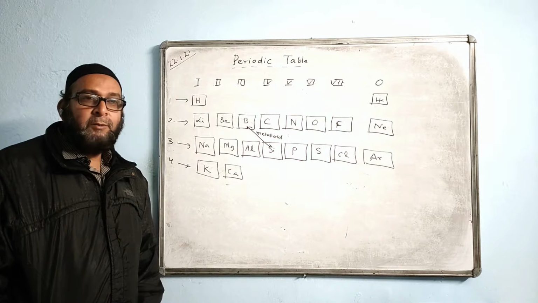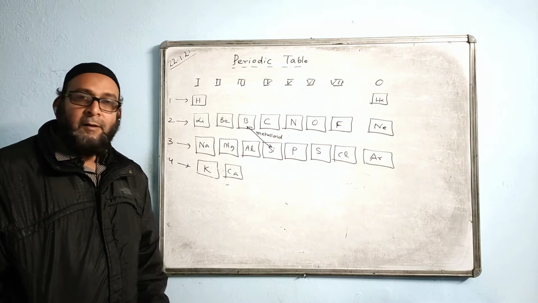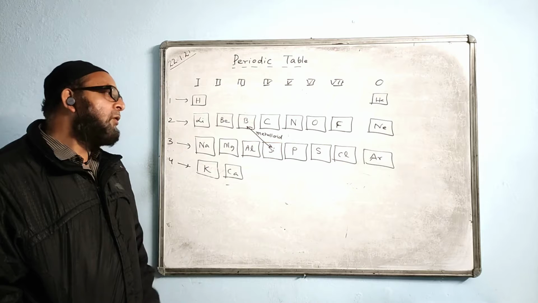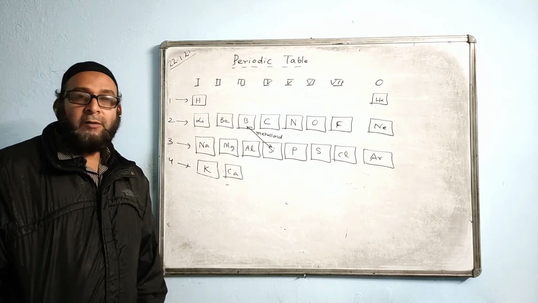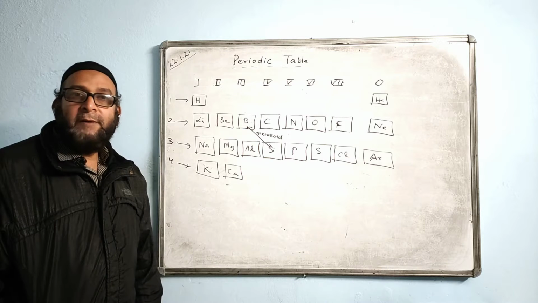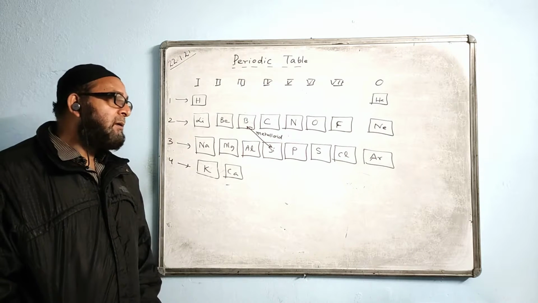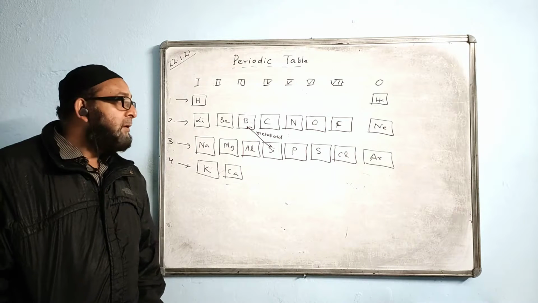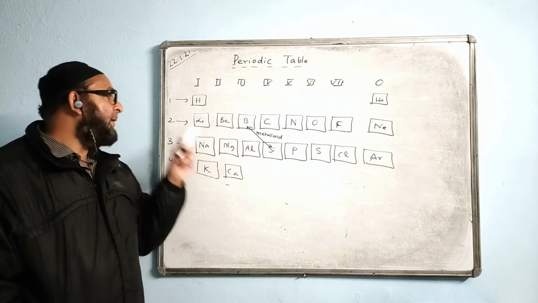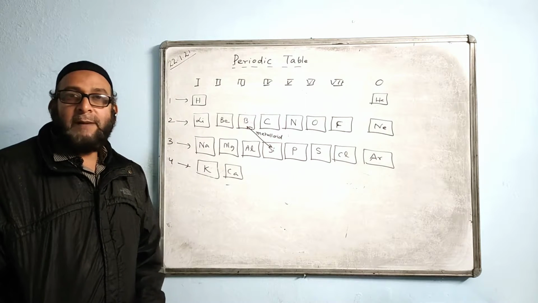Ionization potential definition is it is the amount of energy required or the amount of energy absorbed by an atom to remove an electron from its valence shell or from its outermost shell is called ionization potential.